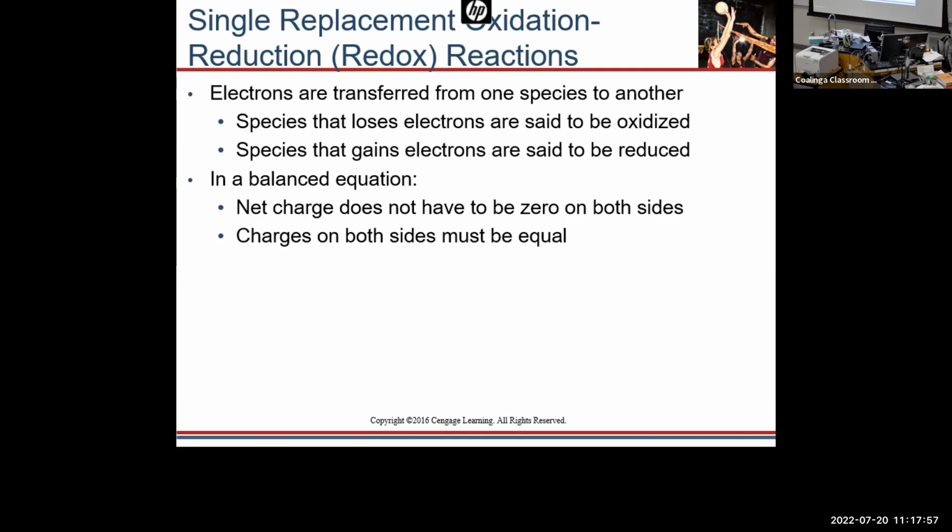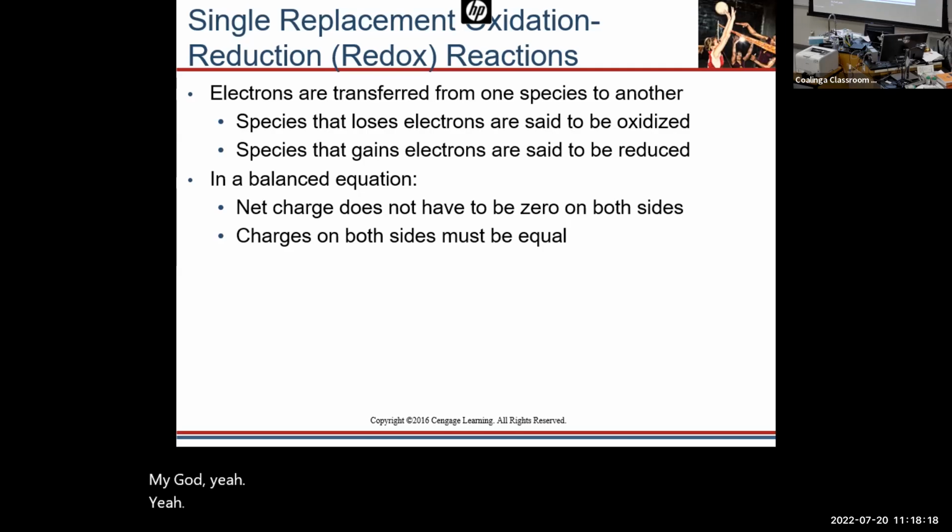And then gain of electrons. Oh yeah, I remember that.